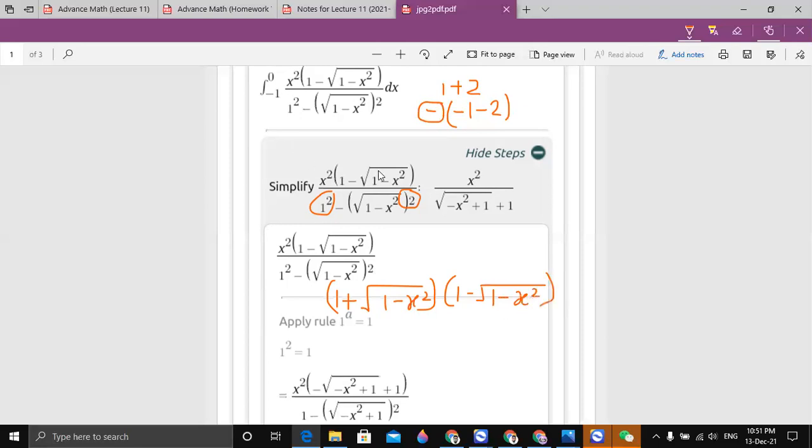So I think now you can cancel the minus root over a minus x square, again. You get x square by root over a minus x square plus 1. So minus x square plus 1, this term and this term, minus x square, they are the same, okay? You see? Yes, they're the same.